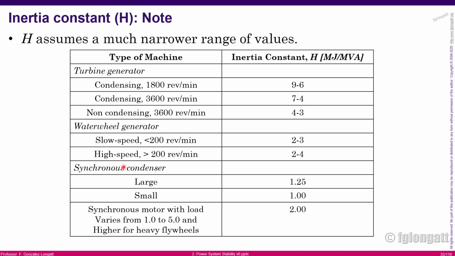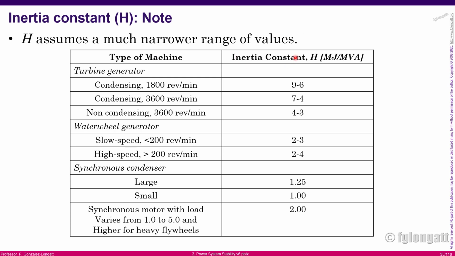But another interesting property of the inertia constant H is that the range of variation for the inertia constant is relatively small. If you are working in a power system and using real units, you will realize that the inertia constant is inside a very narrow range of values. Here on the screen, you can see a table where, depending on the type of machine, you will have different inertia constants.